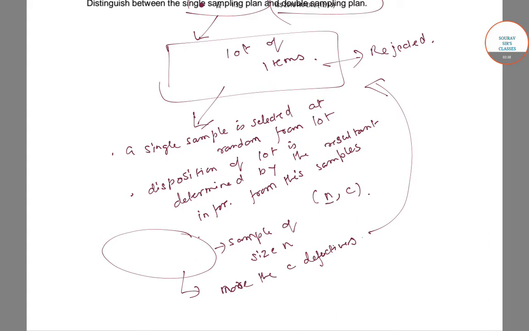Here n is the sample size and C is the number of defectives that is allowed. If the sample has more than C defectives, the lot is rejected. Otherwise, the lot is accepted.